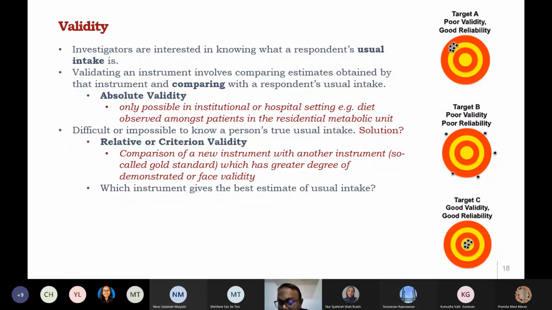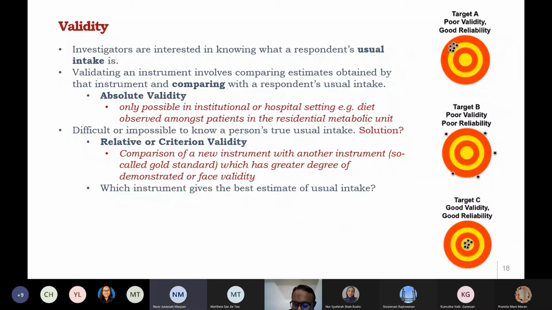So it's different from recall. When you announce that you want to do a 24-hour recall, the person might already be cautious to remember all the foods they want to report on the next day. So for weighed food record, there's no problem. But for 24-hour recall, you shouldn't do consecutive days.